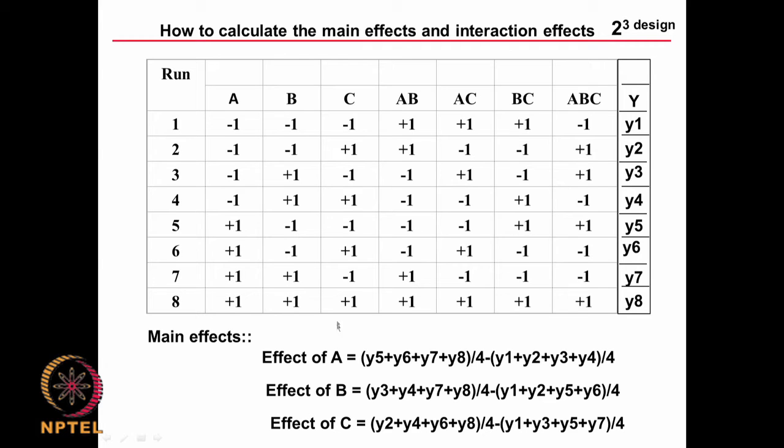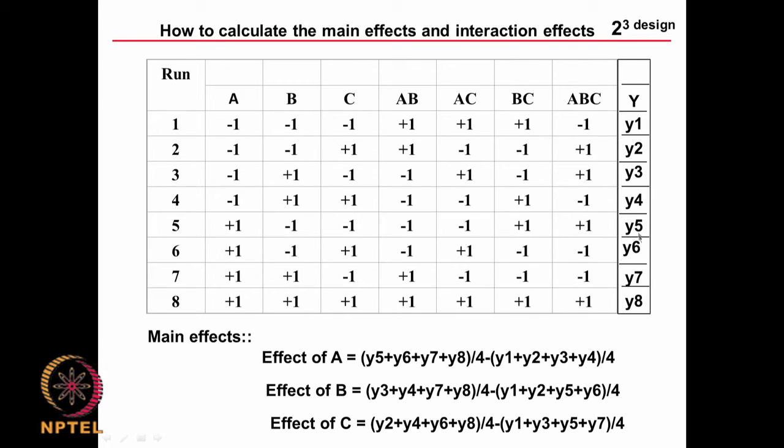Now, if I want to know effect of B, I look at these pluses y7, y8, y4, y3, add up, divide by 4, minus, minuses are y1, y2, y5 and y6, divide by 4. This will tell you effect of B. Effect of C. So, you have 4 places where you have pluses here, here, here, here.